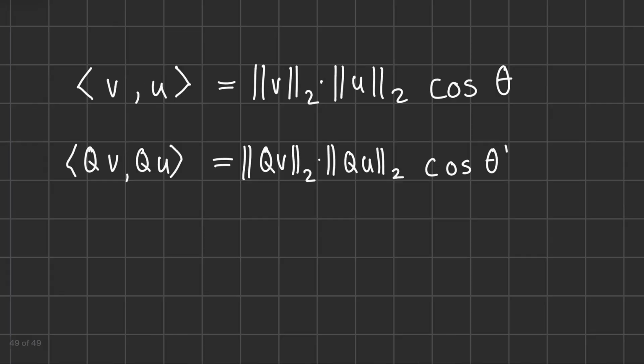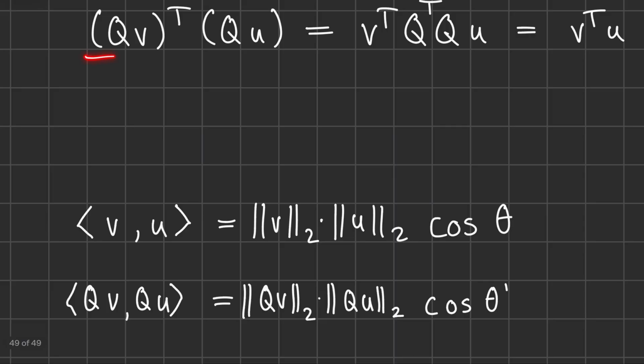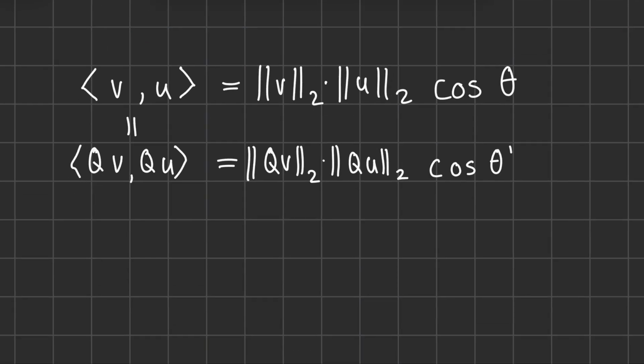So if we go to the geometric definition once more, we see that for the scalar product of v and u, we get this formula, and scalar product of v and u after having been transformed by q is this formula. What we've just seen above here is that these scalar products are the same. That means these two are the same.